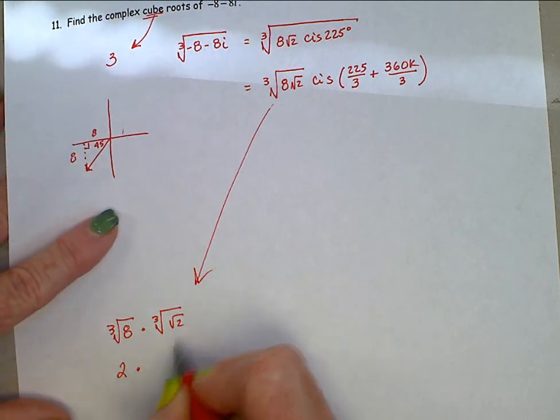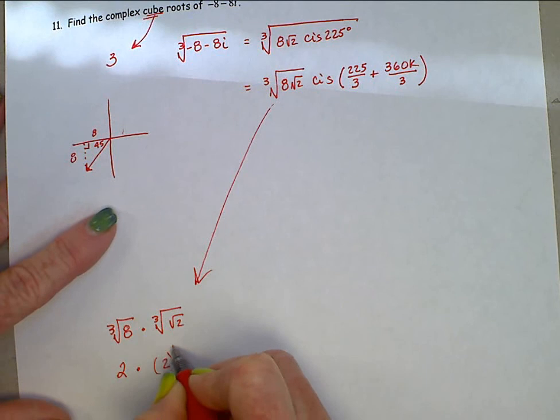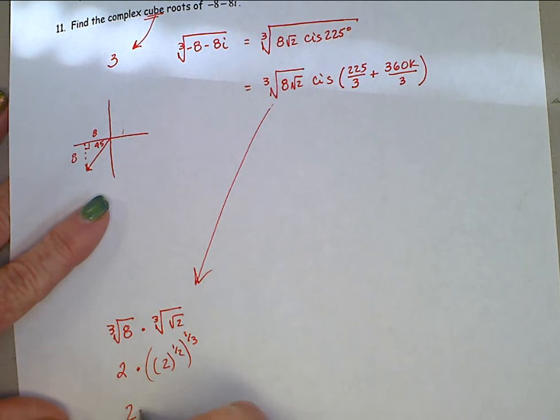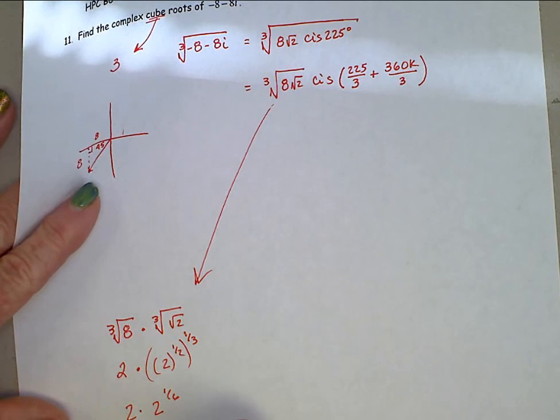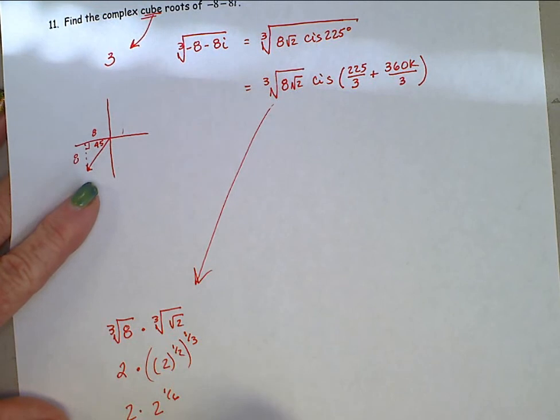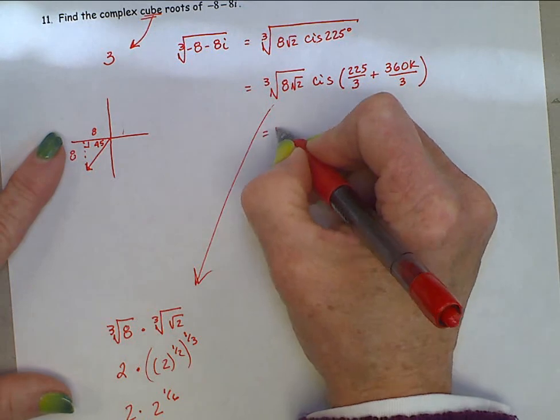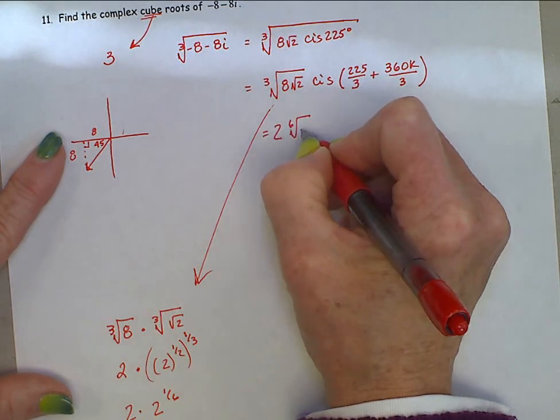Square root of 2 I can write as 2 to the half, and then cube root to the third, which is 2 to the 1/6, which would be the 6th root of 2. So I'm going to pop that back up here: 2 times the 6th root of 2.